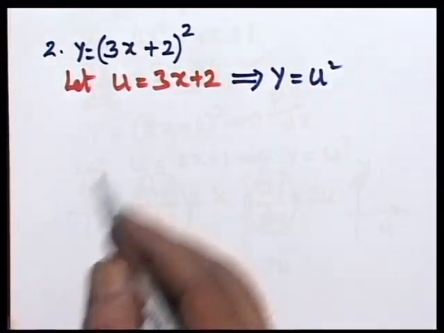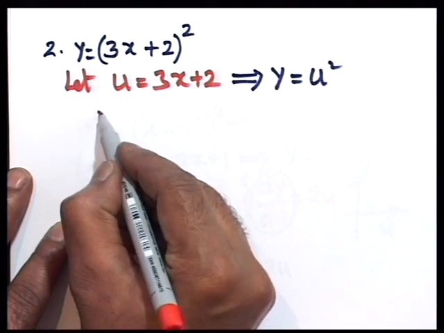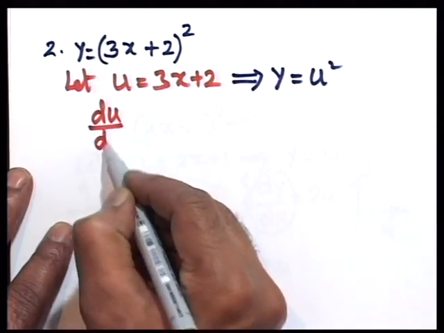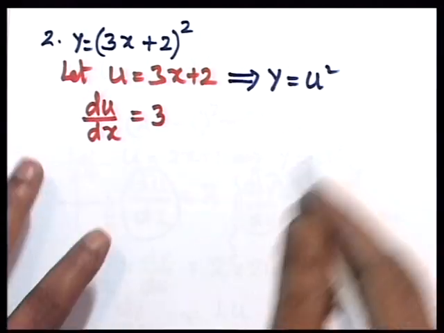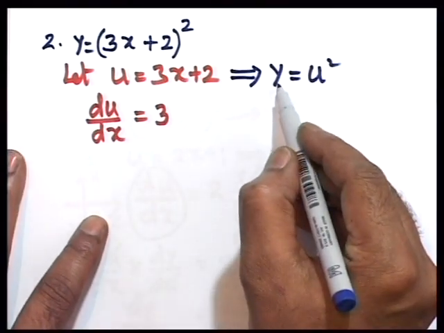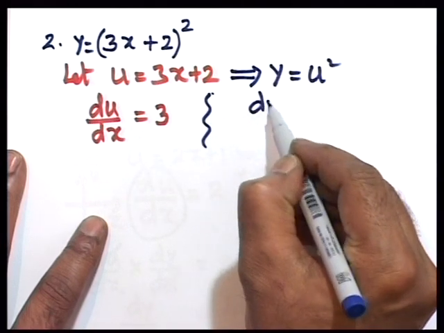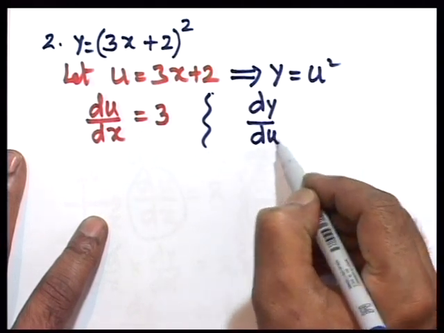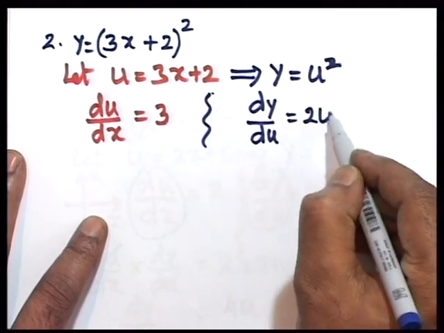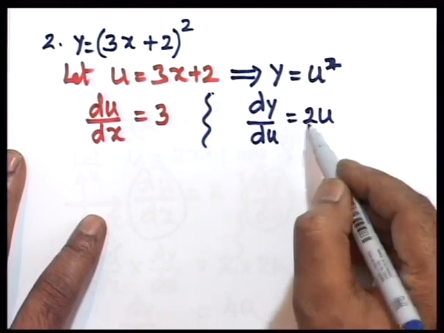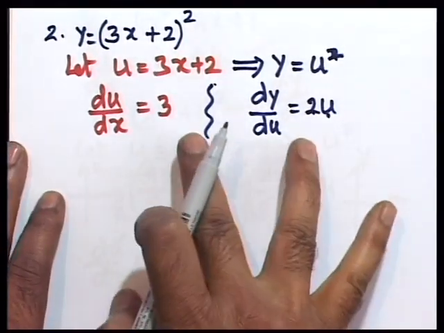We differentiate this with respect to x, so we have du/dx = 3, and then we differentiate y with respect to u. dy/du, the differentiation of u squared, is 2u. If it's p squared, that will be 2p. Okay, we got those two.